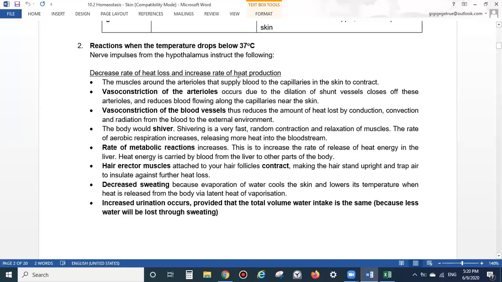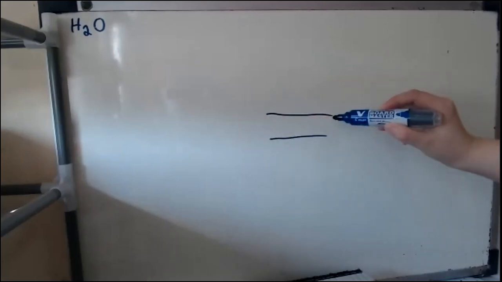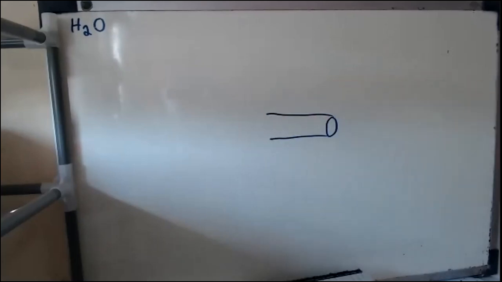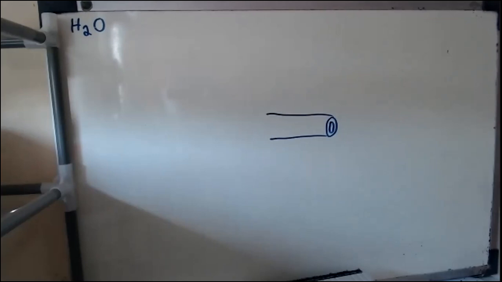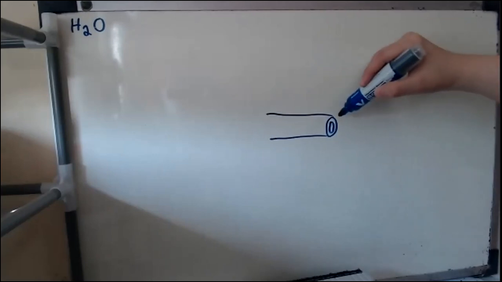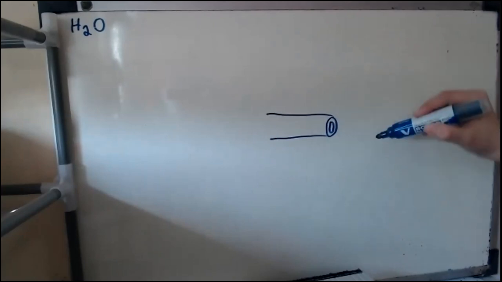So what is vasoconstriction? You can think of it this way. This is your blood vessel. When your blood vessel constricts, it affects what we call the lumen.